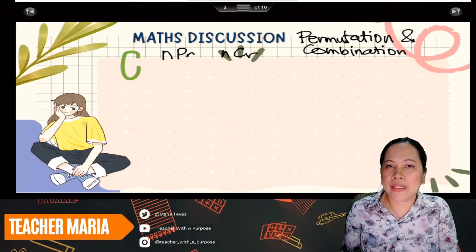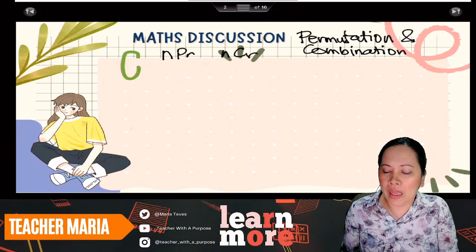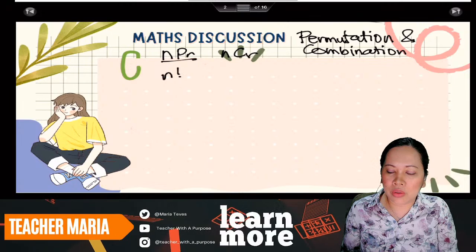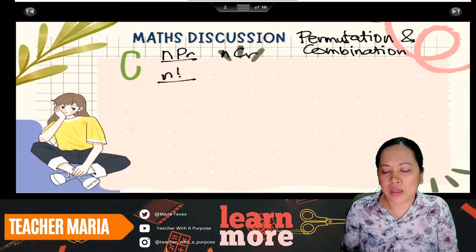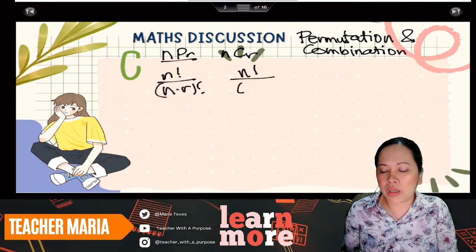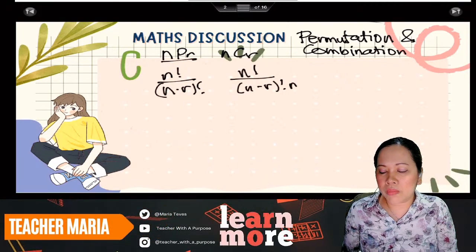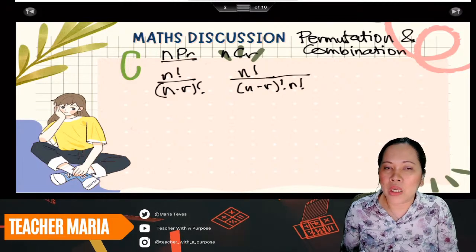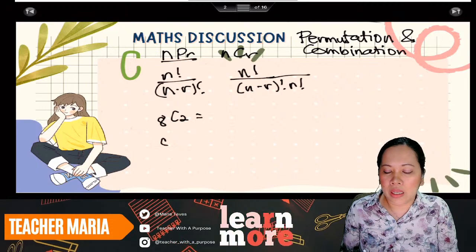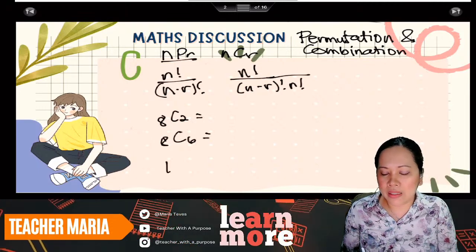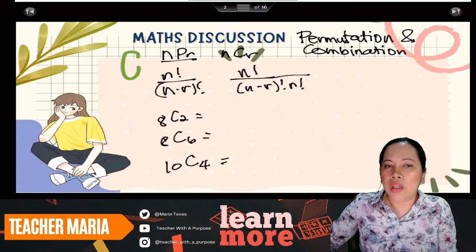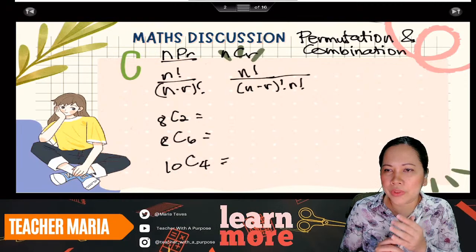NPR will be n factorial over n minus r factorial. Combination will be n factorial over n minus r factorial times r factorial. So if you have 8C2, 8C6, and 10C4, you can use your calculator.